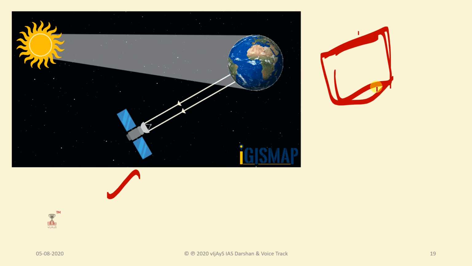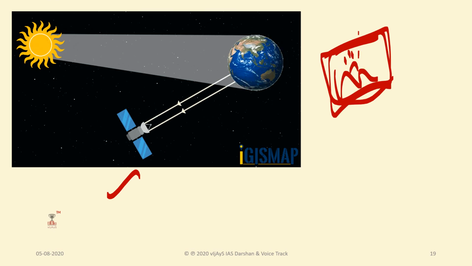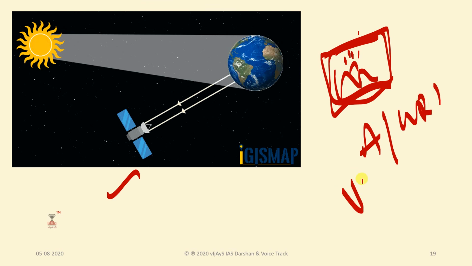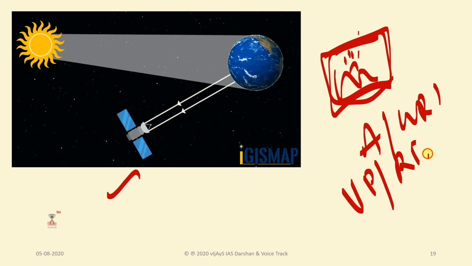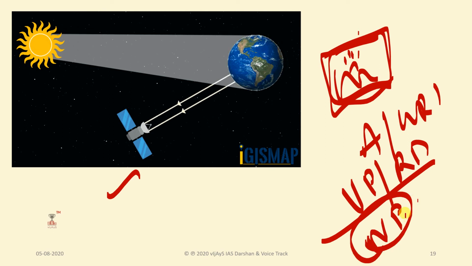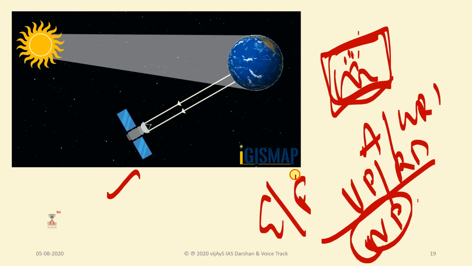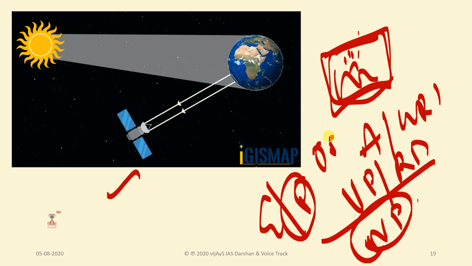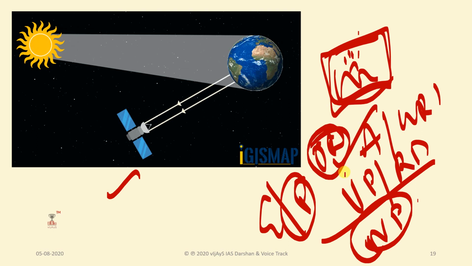So electromagnetic radiation is used and a scene is created. And after that, the data from these satellites are used for several applications like agriculture, water resources, urban planning and rural development, mineral prospecting and environment, forestry and ocean resources, whatever resources are there in oceans, and disaster management.